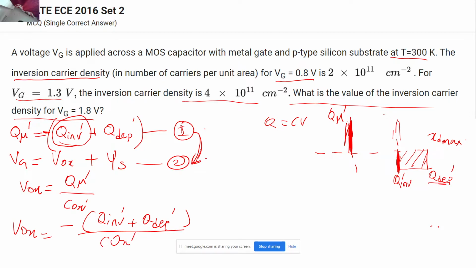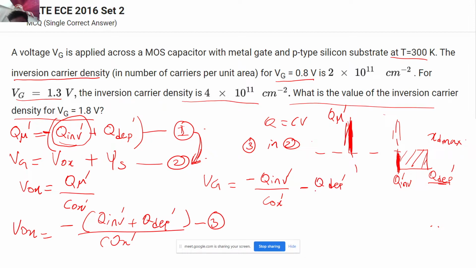Now my Vg will become minus Q inversion by Cox dash minus Q depletion by Cox dash plus psi s, correct? So now this is the main equation that I have with me, correct?